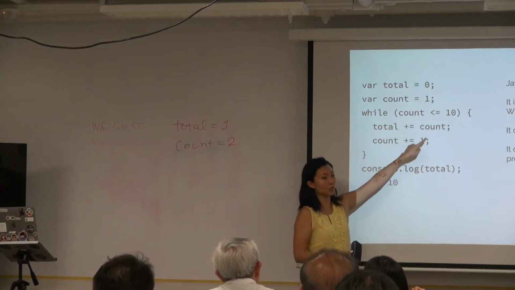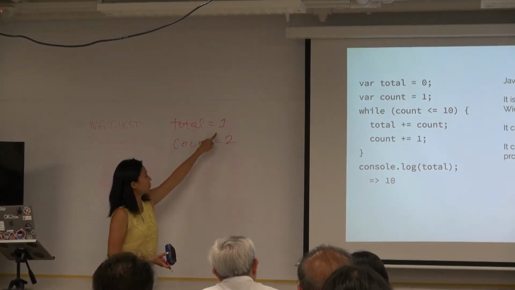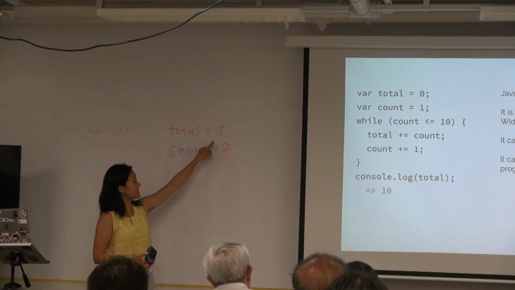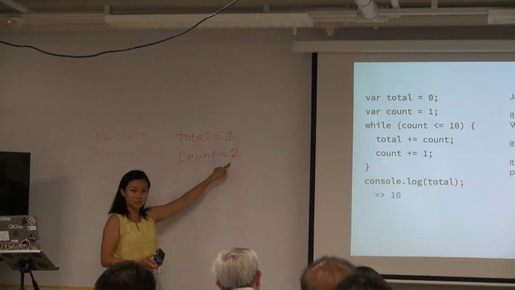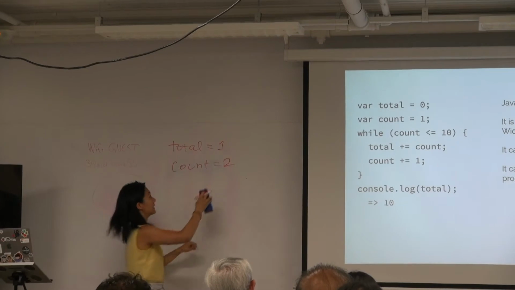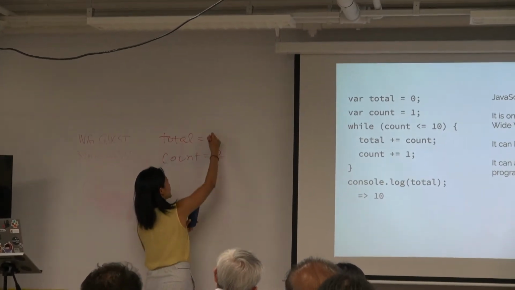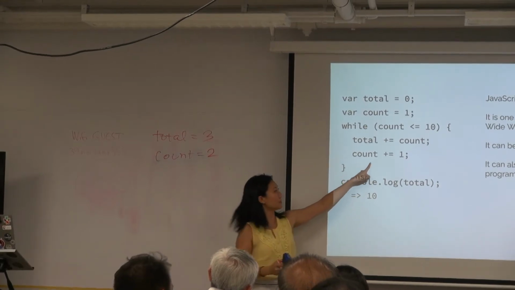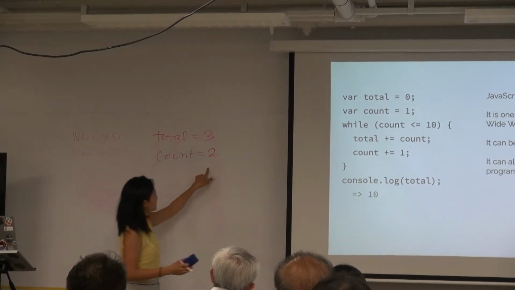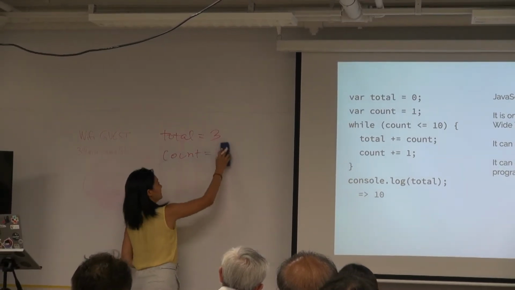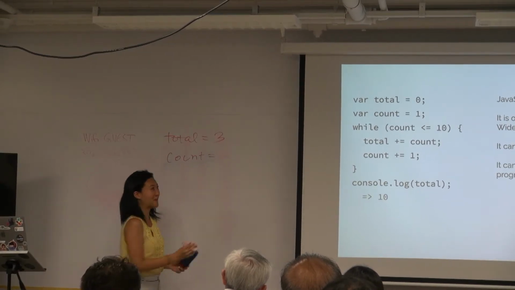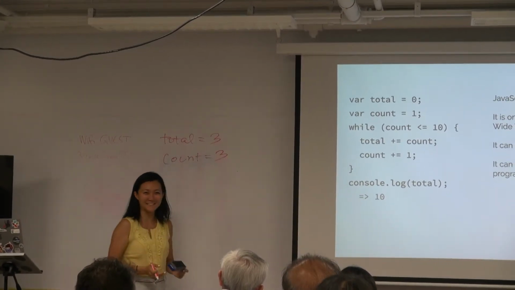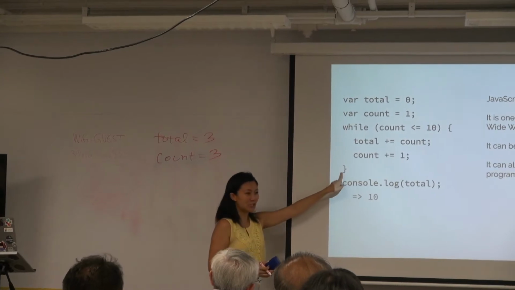Total plus equal count. What is my total? 1 plus equal count. 2 is 3. Yes, this gives me 3. Next, count plus equal 1. What is count now? 3. Yeah, 2 plus 1 is 3. I reach the end.